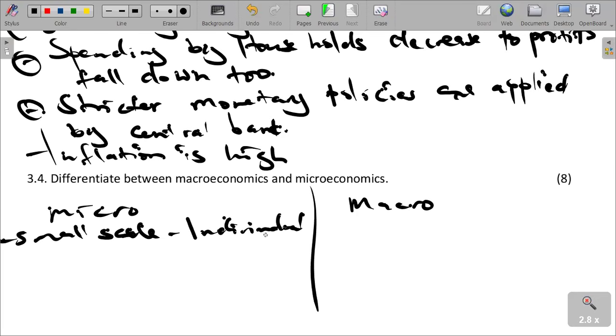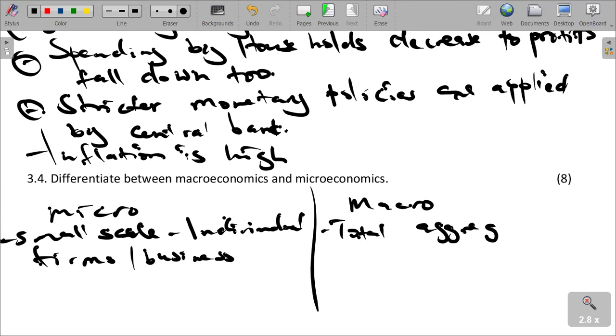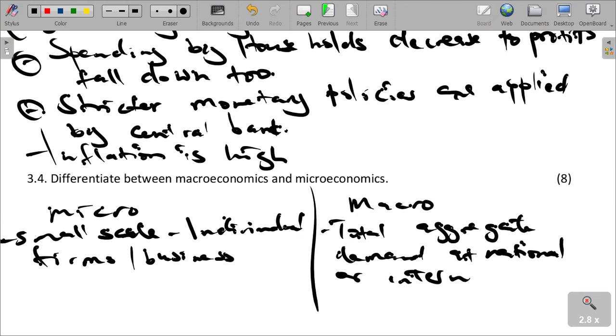Individual firms or businesses. Here we are looking at total aggregate demand at national or international level.